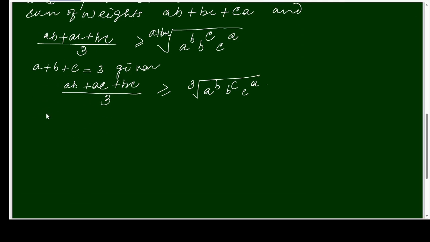Now we know that A plus B plus C whole square is always greater than or equal to 3 times AB plus AC plus BC.